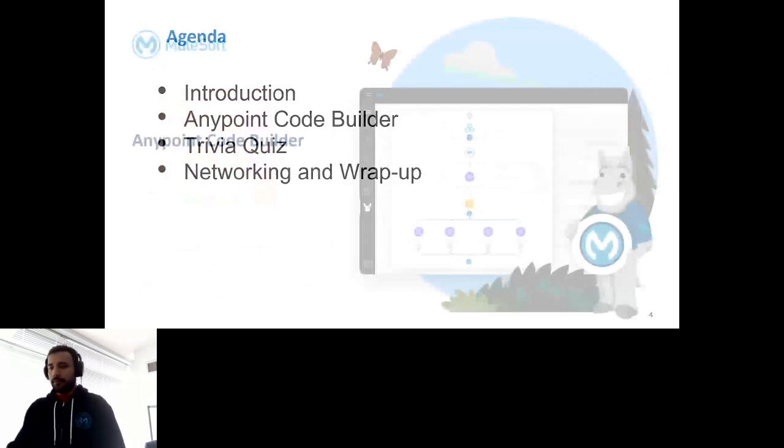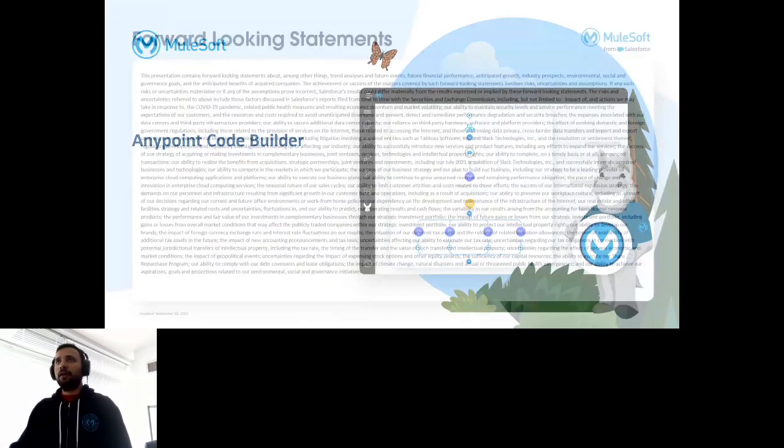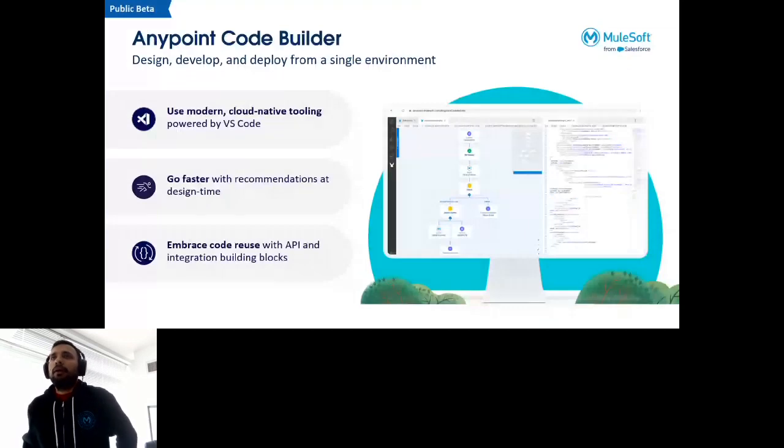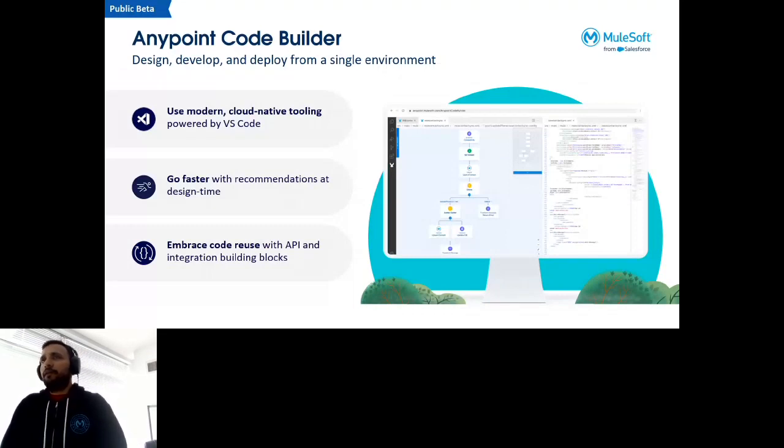Cool. So this is the safe harbor statement, and after that, yes. This is the new tool that Mulesoft introduced, and they have released the beta version of it in February.